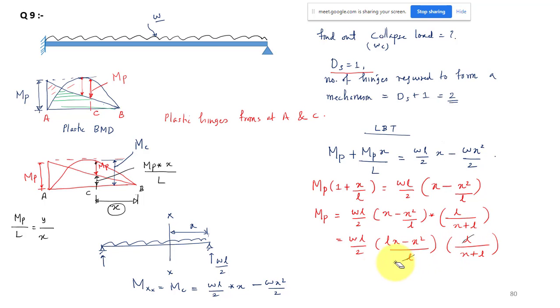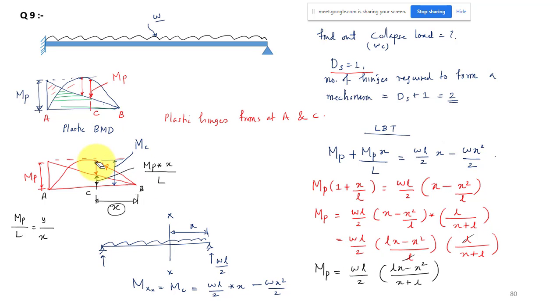So we'll get it is equal to WL by 2 into Lx minus x square divided by x plus L. That is my MB.